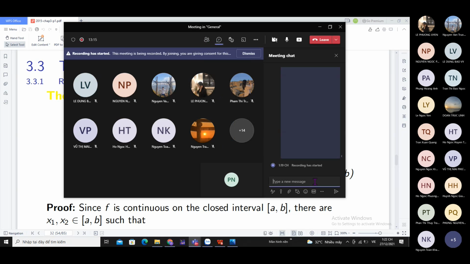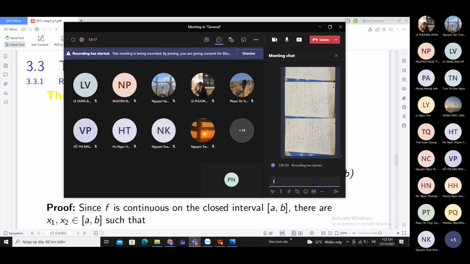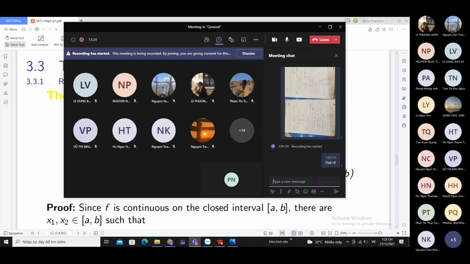f prime of c equals 0 means c is a root of the equation f prime of x equals 0, right? Here c is in between a and b.